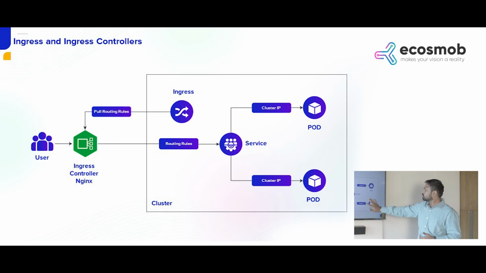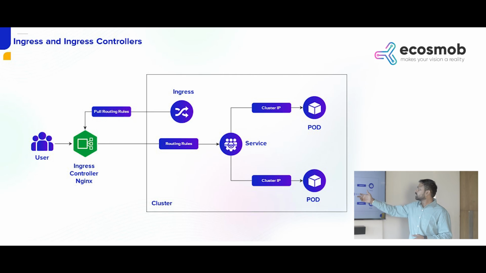There are pods, services, and also there is an Ingress endpoint over here. And this is an Ingress controller. So in this example, I have used the generic and most widely used Ingress controller, which is Nginx. The way it works is that the Nginx Ingress controller will integrate with the Ingress endpoint of Kubernetes, and whenever any routing changes are done, basically you can create a service and you can define the routing policies.